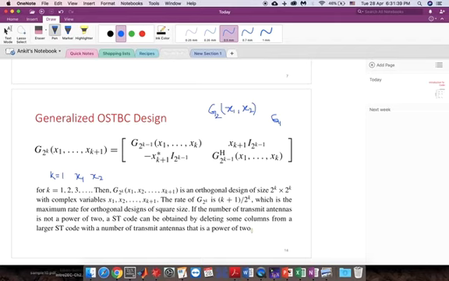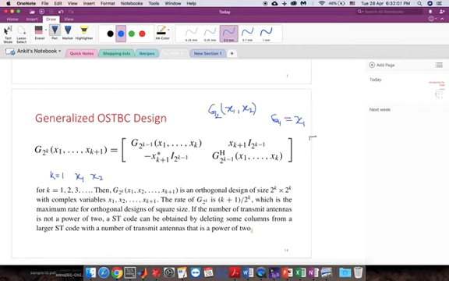I is the identity matrix. I1 here is 1, and x2 is there. G1 is nothing but equivalent to x1 only. So the first element will be x1, the second element will be x2, and this will be minus x2 conjugate.